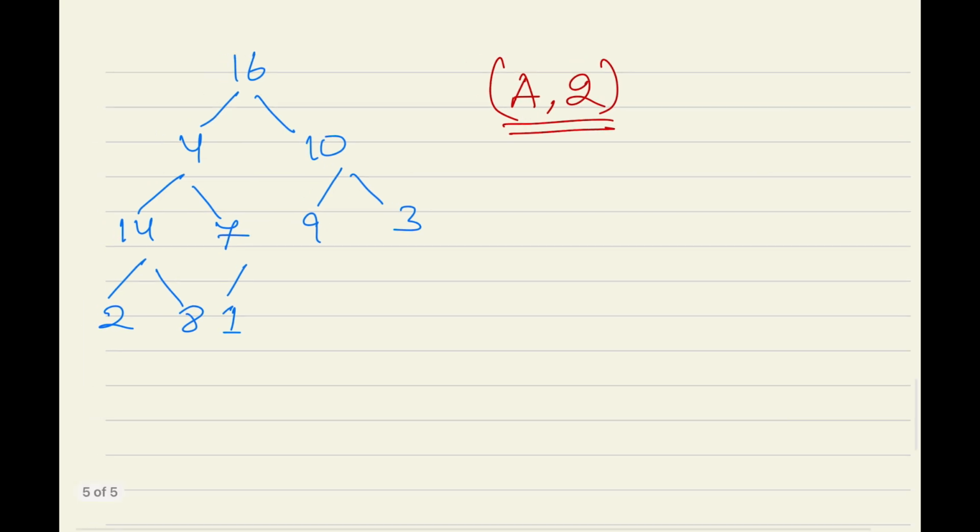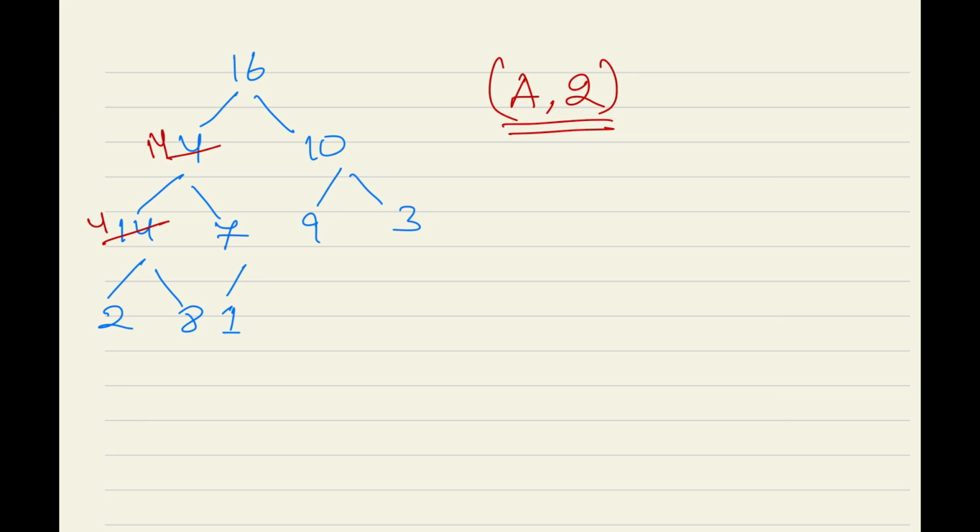Now if we consider this subtree, here you can see 4 is violating the Max-Heap property, and among the children 14 is highest, so 14 is going to swap with 4. So here this 4 becomes 14 and this 14 becomes 4.